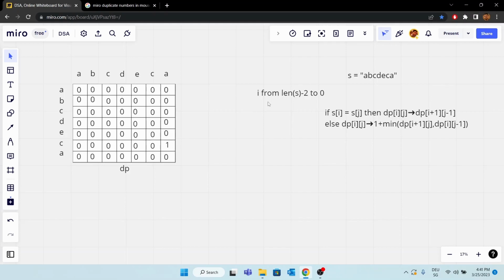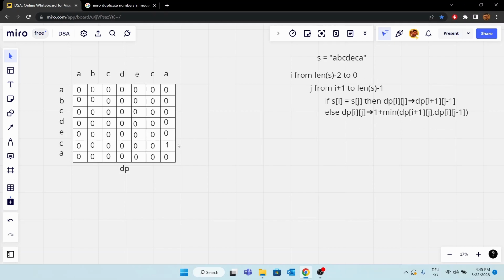And for each value of i, the value of j will start from i plus 1 up to the length of s minus 1. At first the value of i was 5, now it decreases to 4. This is the 4th index, and the value of j will be 5.